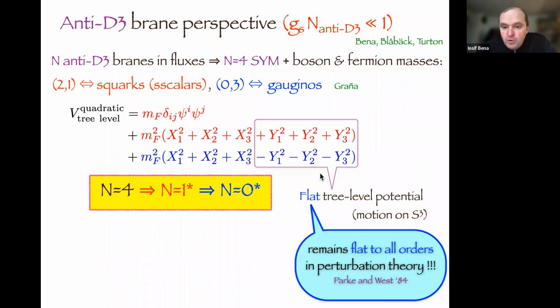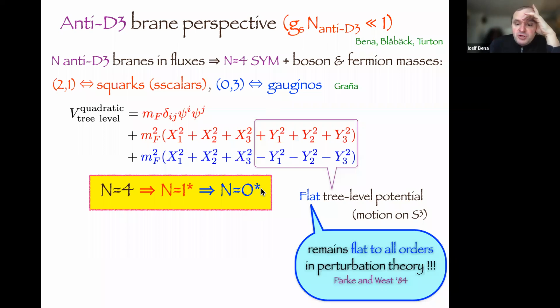However, if you compute this potential, if you look at the N=4 theory perturbed with these terms, it was shown by Parkes and West back in '84 that this potential is flat to all orders in perturbation theory. So if you compute this potential in this supersymmetry breaking theory, there are some very nice methods. You can also calculate one loop and two loops using Jack and Jones and all the calculations in field theory, or you can look at this argument by Parkes and West.